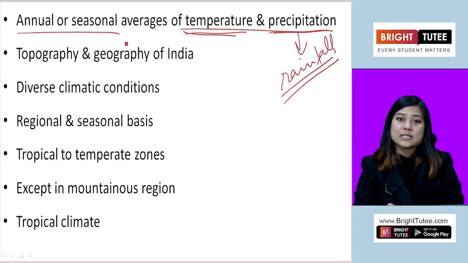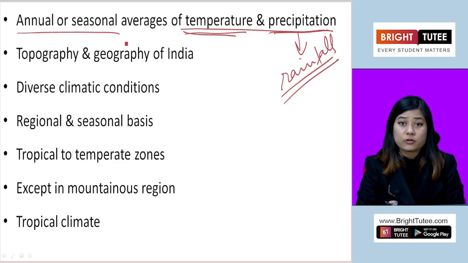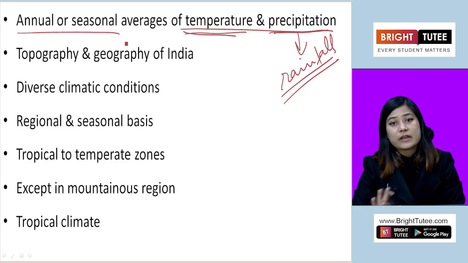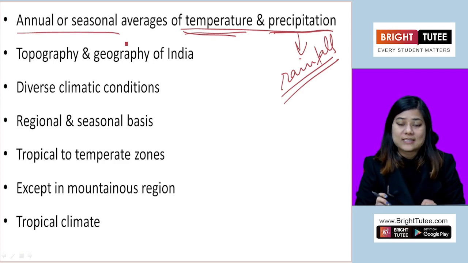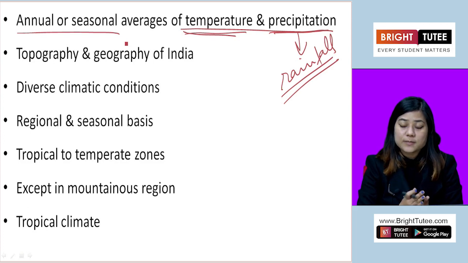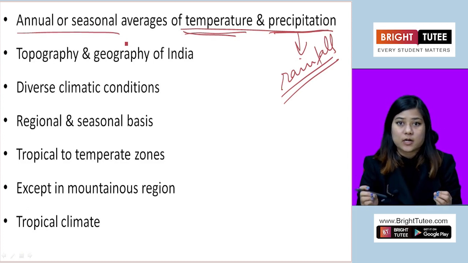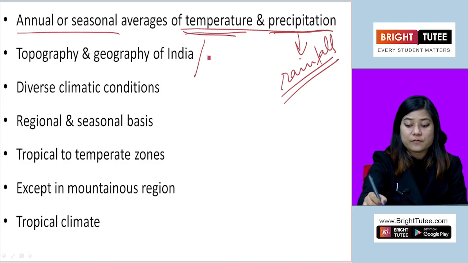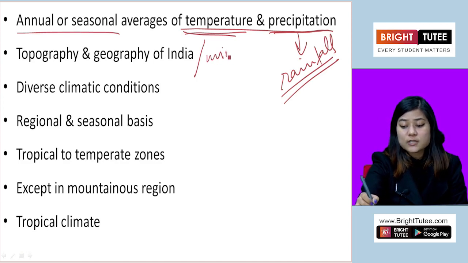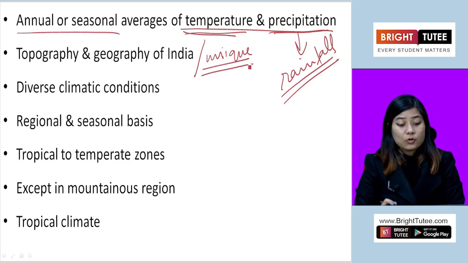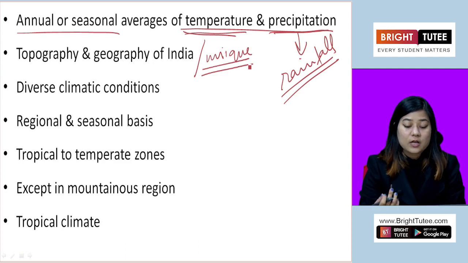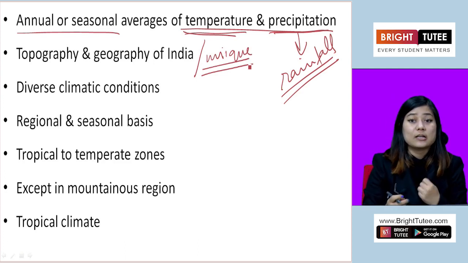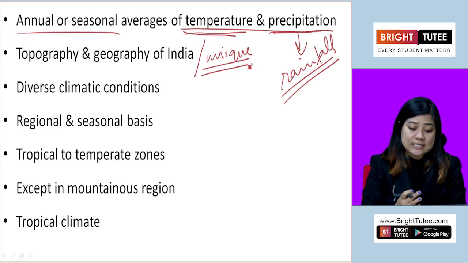Now, in the last class, we learned about the topography and geography of India, where we saw various physical features, right? And we also learned that each feature was different as well as distinct from one another. They had unique features. So this unique feature of the Indian geography also impacts the climatic conditions that it has.